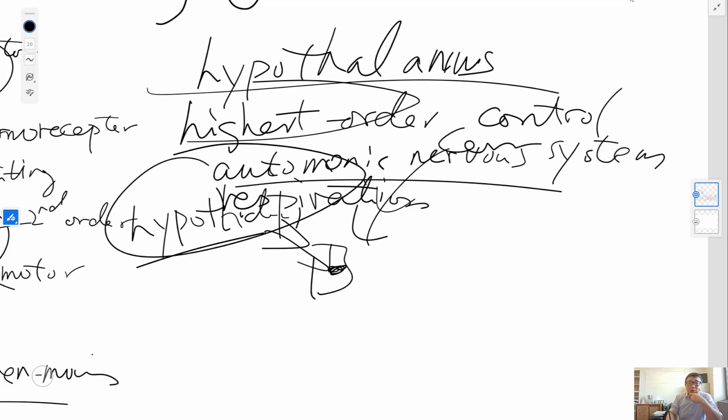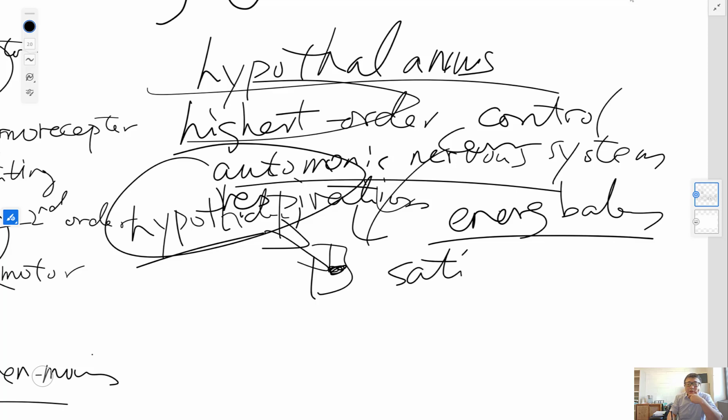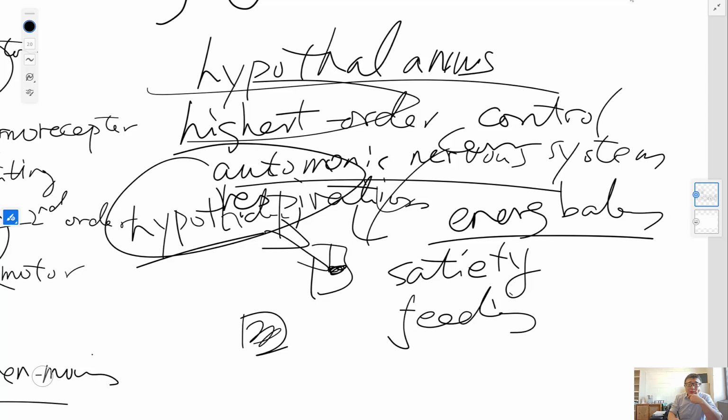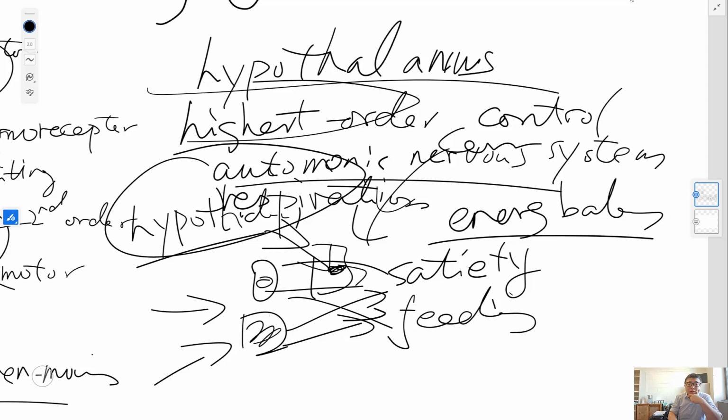Another example is energy balance. In this case, there's a satiety center, I'm not sure my spelling is correct, and a feeding center, both existing in the hypothalamus. And then they receive signals from a very complicated network of nuclei here.